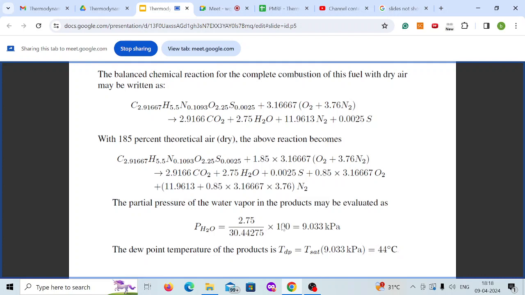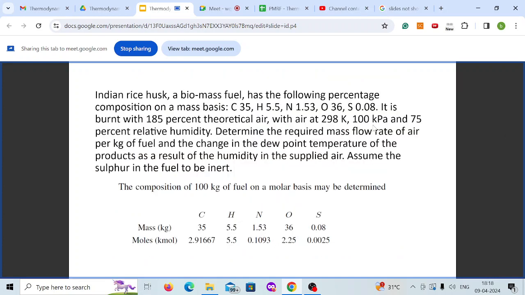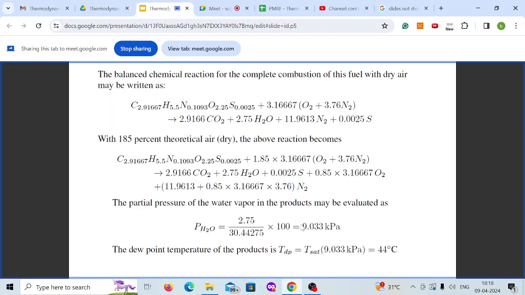Times 100 kilopascal of pressure, which is given in the problem, this will give you the partial pressure of water as 9.033 kilopascal. Corresponding to this pressure, from the steam table you can find the saturation temperature, and that is 44 degrees Celsius. So this is the dew point temperature if you take dry air for combustion.